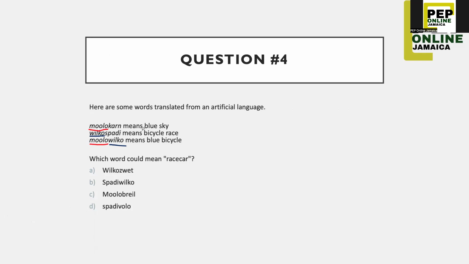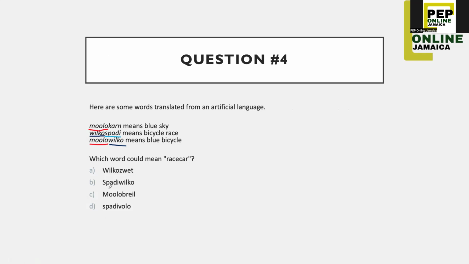And because Wilco is representing the bicycle and Mulo is representing blue, we're going to look at race car, which has nothing to do with any of those that we're doing. But we realize right away that Spady, which is this, represents race. So right away, we pick up what represents race, which is this. Car, we don't have any car there, so we are going to work with that. All right. So race is spotty.